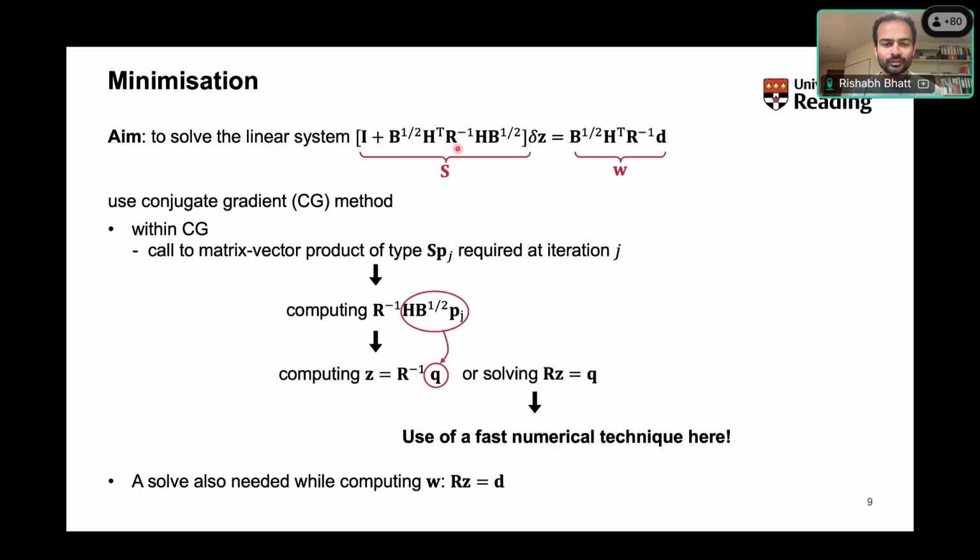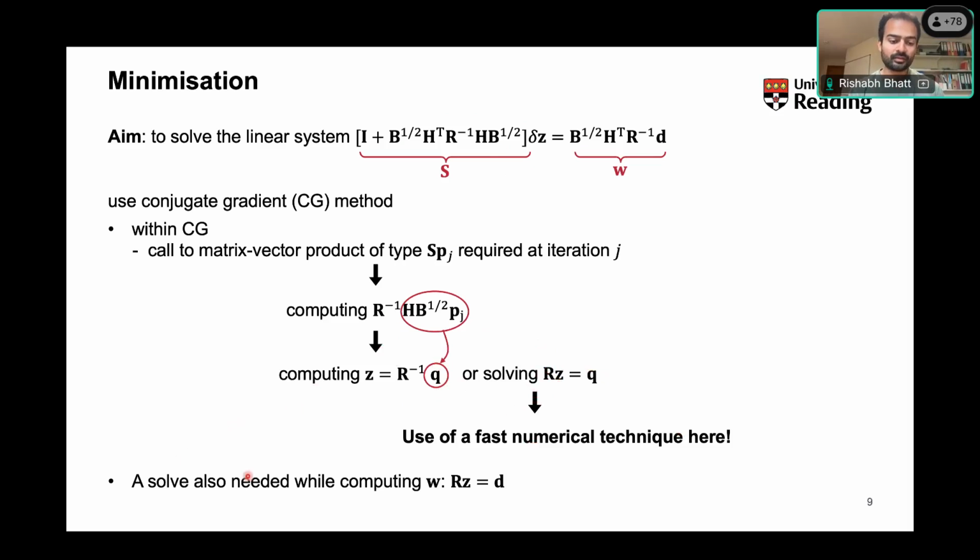So if we look at this part of the matrix, it involves computing R inverse H square root of B times the vector Pj, where we can also assume that this quantity is equal to Q. So that means it involves computing, let's say, Z, which is equal to R inverse Q, and which could also be written in another way of solving a linear system Rz equals Q. And that is where we would need to use a fast numerical technique, because the main computational constraint was having these inverse of the observation error covariance matrices.